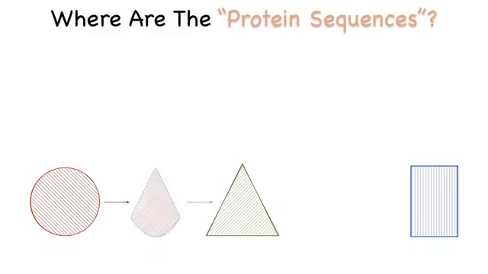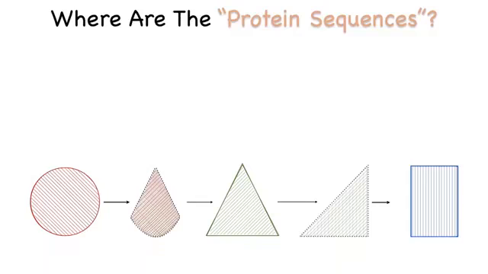Using our colors, we should see in-between intermediate creatures that have a mix of red and green, as the proteins evolve from the red circle to the green triangle. Same with the evolution from the green triangle to the blue rectangle. There should be in-betweens with a mix of green and blue. But we don't find the blended colored in-betweens because they don't exist.